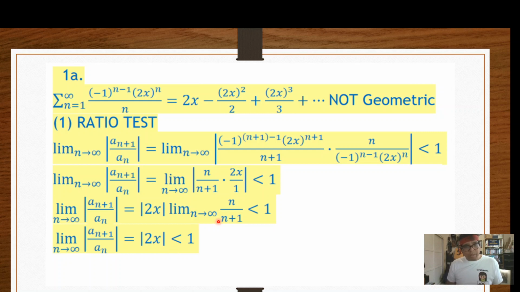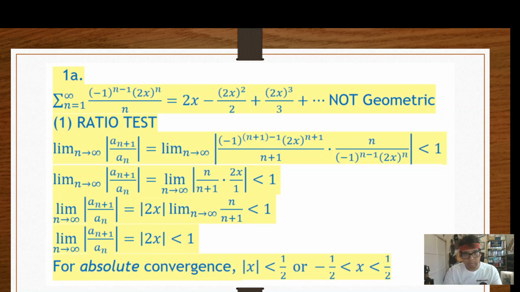I would probably take an extra step and write the absolute value of x is less than 1/2. Okay, that's a little bit better. The absolute value of x is less than 1/2, which means that x needs to be between -1/2 and +1/2.